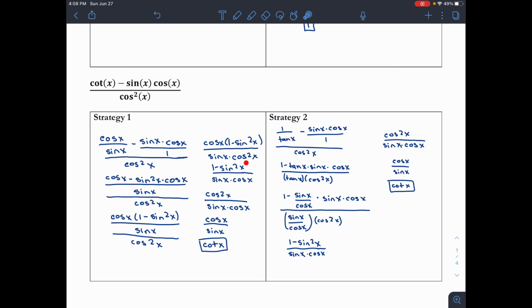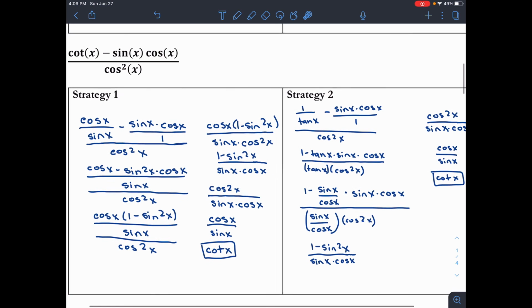We have sine x over cosine squared x, the denominator, because cosine x and cosine squared x, we can simplify. We get this. From here to here, 1 minus sine squared x is cosine squared x. And we can also simplify the cosine. Then we get cosine over sine, which is equal to cotangent.